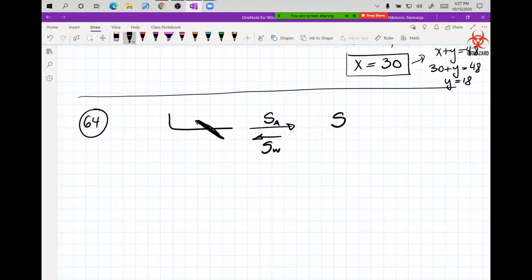So the overall speed is the speed of the airplane minus speed of the wind because wind is not helping. Wind is against the airplane, so the airplane is actually flying slower because of the wind.